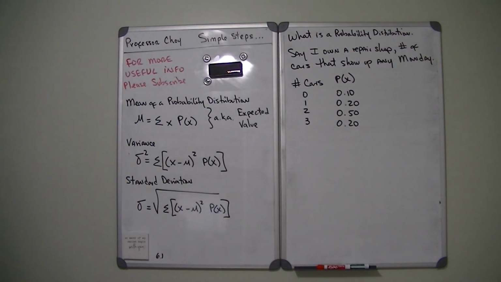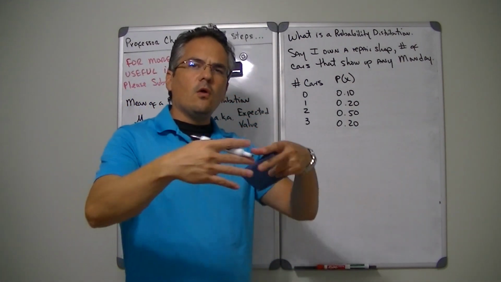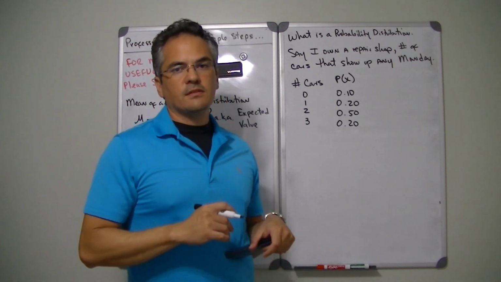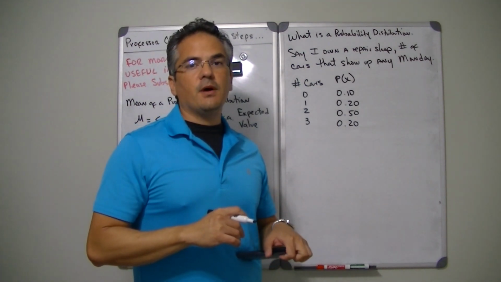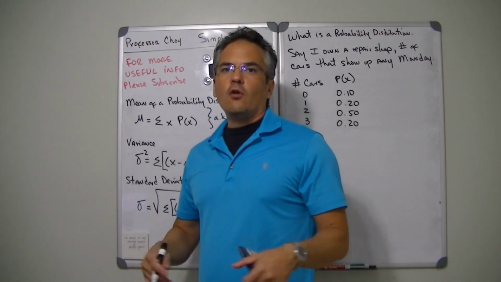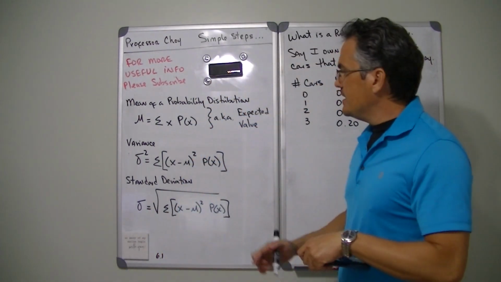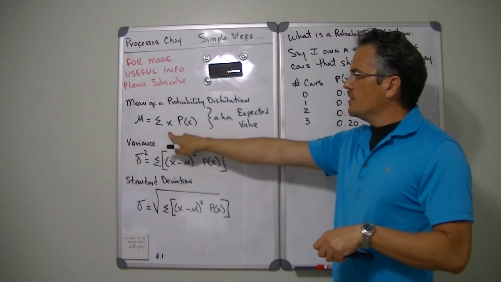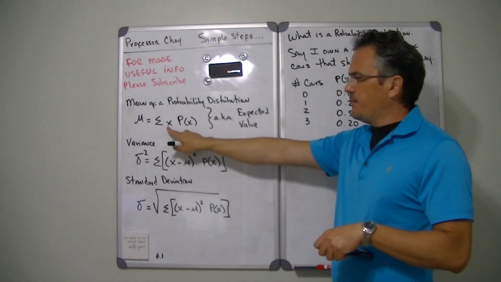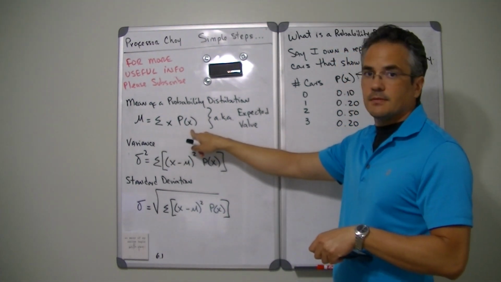So, imagine that somebody asks you, what is the typical amount of cars that you're going to be receiving on any Monday? What they're really asking you is what is the mean or what is the average amount of cars. Now to calculate the average amount of cars, you can follow this formula. The formula is summation of x p of x.